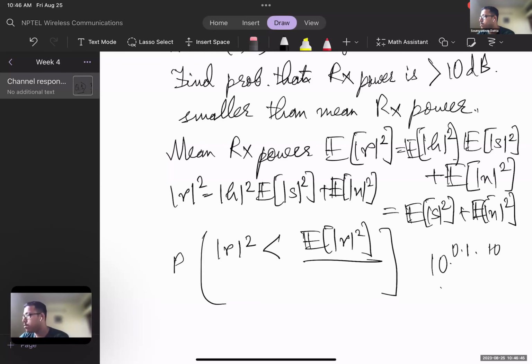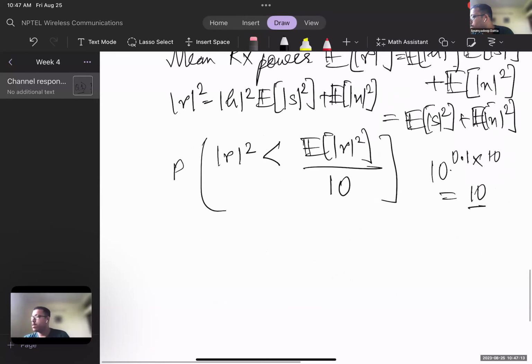My bad, sorry. In linear scale, this is actually equal to 0.1 times 10, so this is equal to 10. So I need something that is 10 times worse. I want to see the probability that it is 10 times worse. I hope this conversion makes sense. If I'm comparing in linear scale, being 10 dB smaller means, in multiplicative terms, it is 10 times worse. So I need this probability.